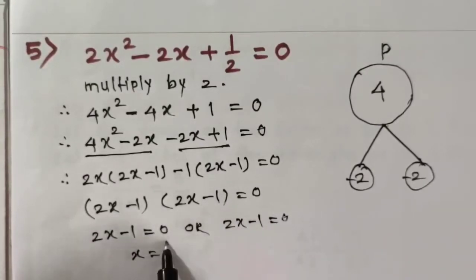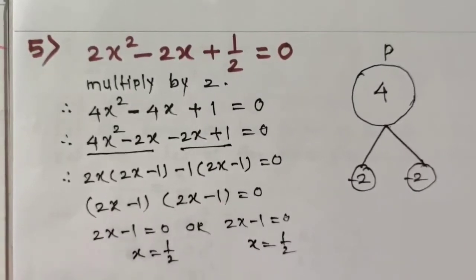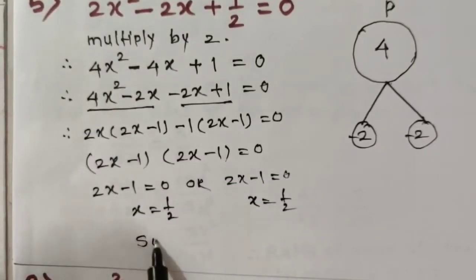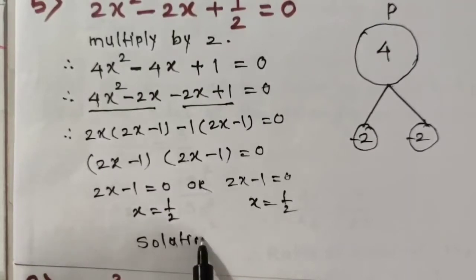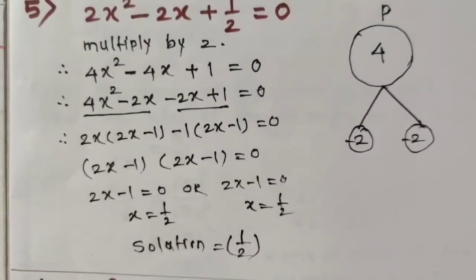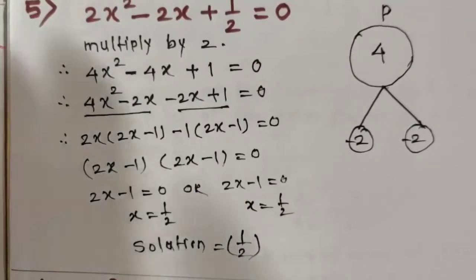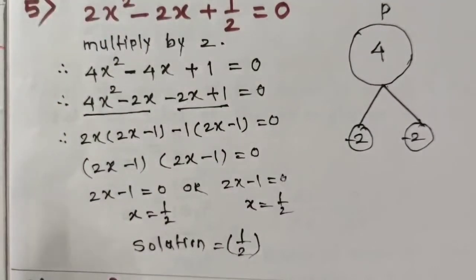So x is equal to 1 by 2, x is equal to 1 by 2. So our solution is 1 upon 2. Only one value is there because both the values are the same. Sometimes we get both values the same, meaning a single value, if it is a complete square term. In this way we can find the factors using the factorization method.